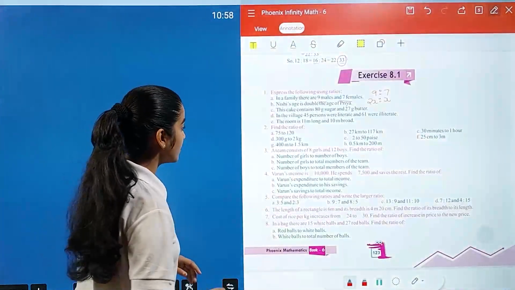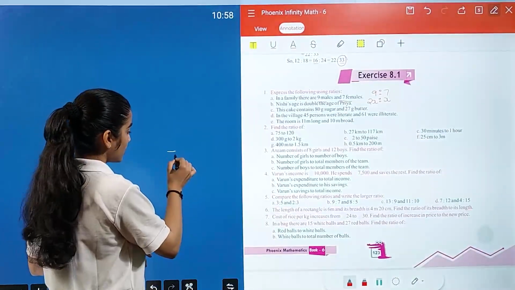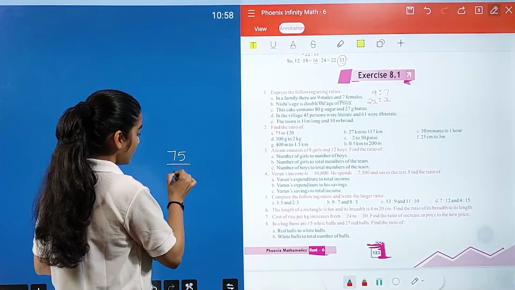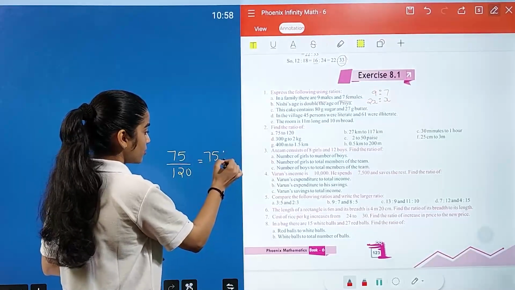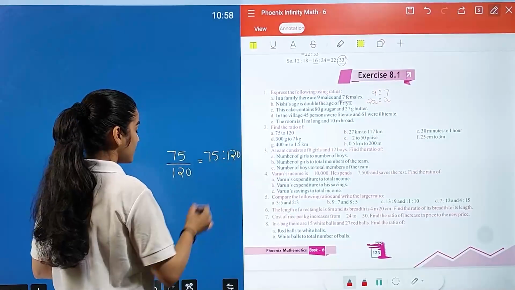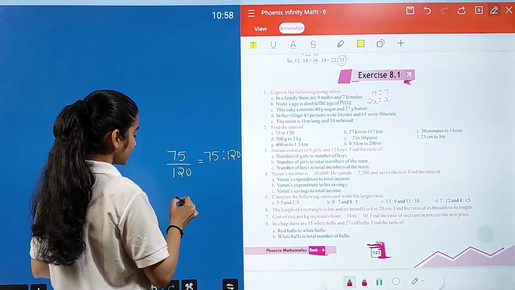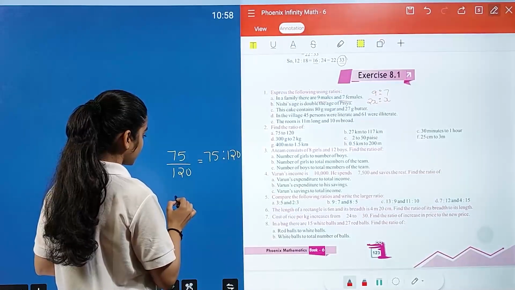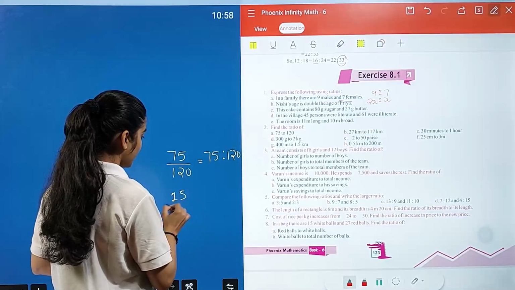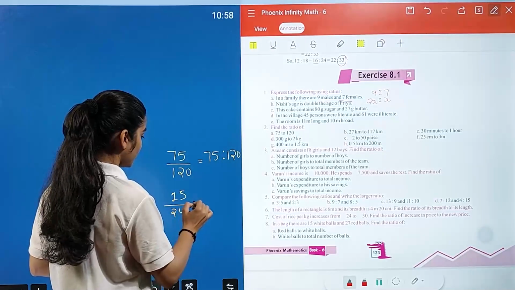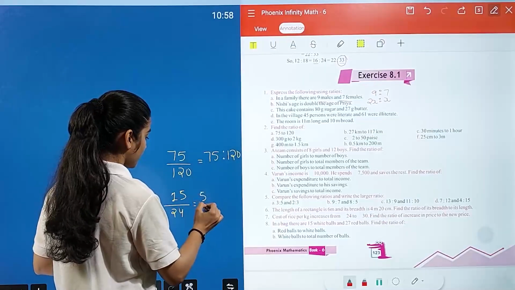Now we have question number 2. Find the ratio of 75 to 120. So 75 upon 120. You can represent it as 75 is to 120, or you can also simplify it. Further it will be 5, 8.